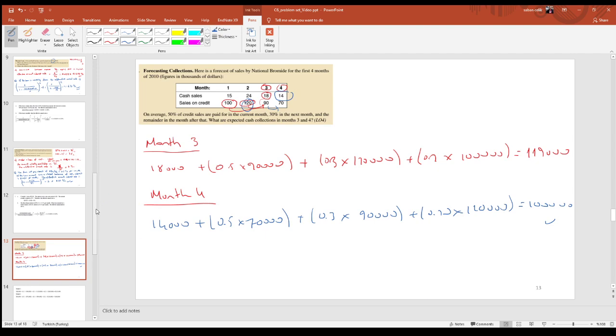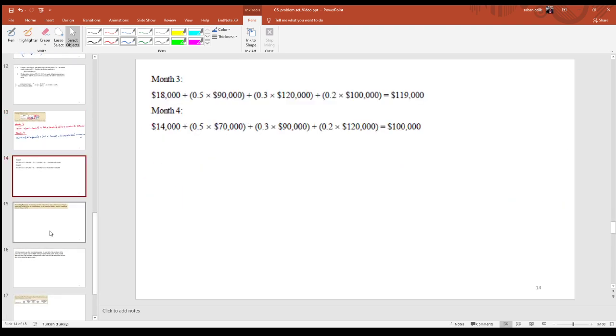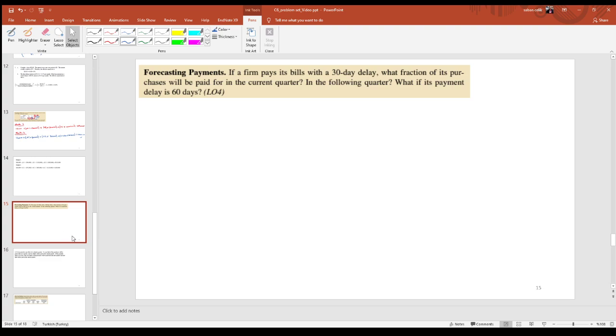The next problem. In this problem, we have somehow a logical statement. So let's solve this logical statement. If a firm pays its bills with a 30-day delay, what fraction of its purchases will be paid for in the current quarter? In the following quarter? What if its payment delay is 60 days? So we will solve this logical problem in this way.